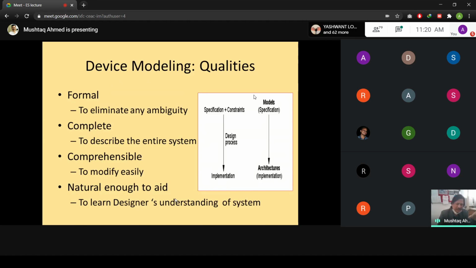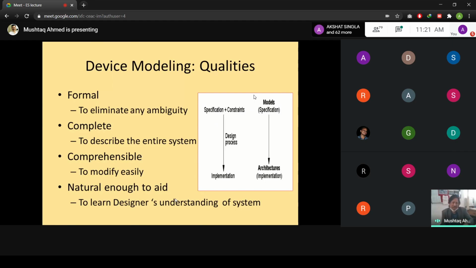Another is that we do require the entire information of the system, and based on that, the device would have to function. So each and every transition or step has to be covered precisely while making such modeling. Now, comprehensibility is very important: how often can we go for this modeling, and whether all the intermediate parts or stages can be easily specified or not.